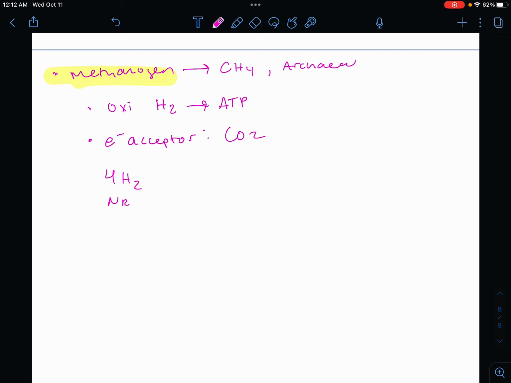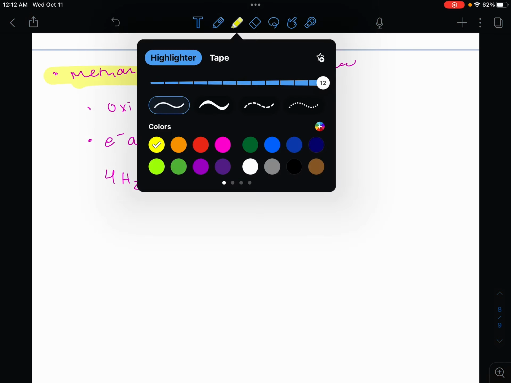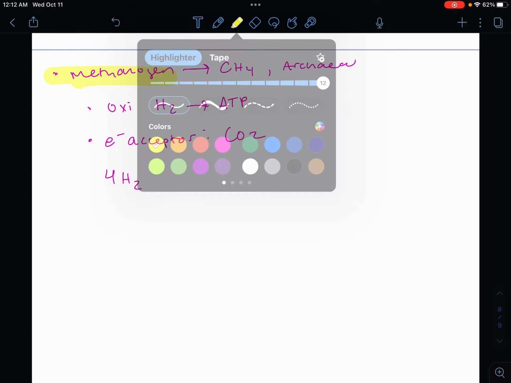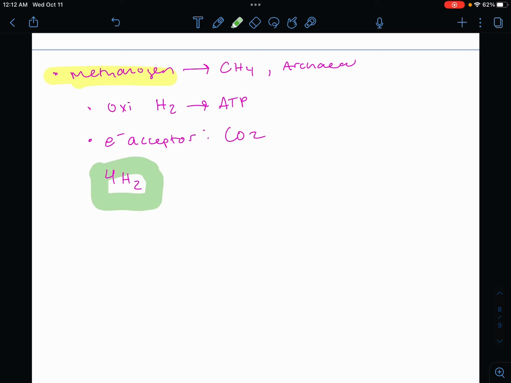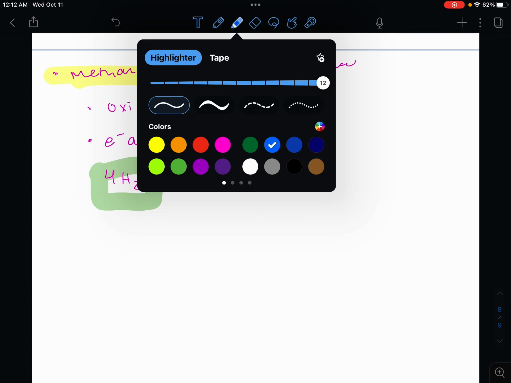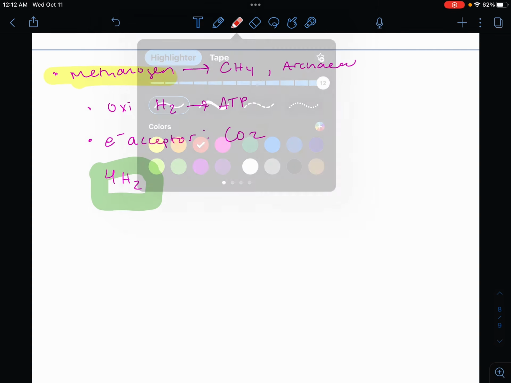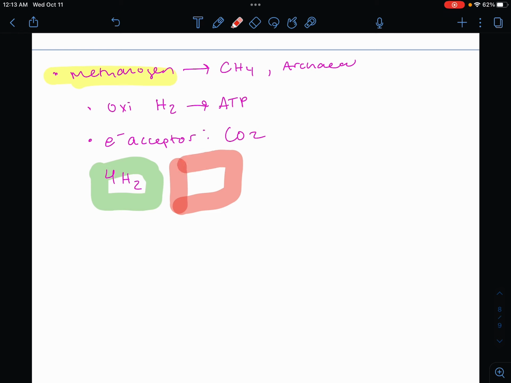Let's color code this. The energy source, let's always make it something that has a ton of energy. How about this green? Energy. And then, of course, we're going to have our terminal electron acceptor. Electrons are negative, so maybe a red. And then we will have our products at the very end.